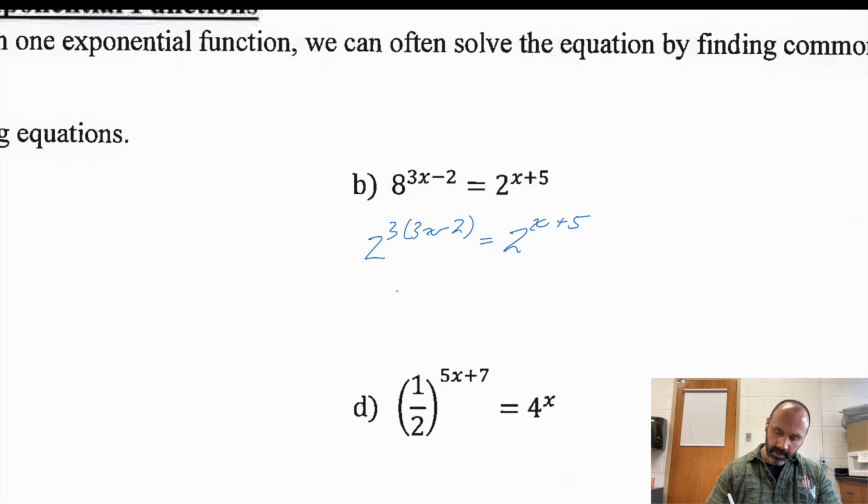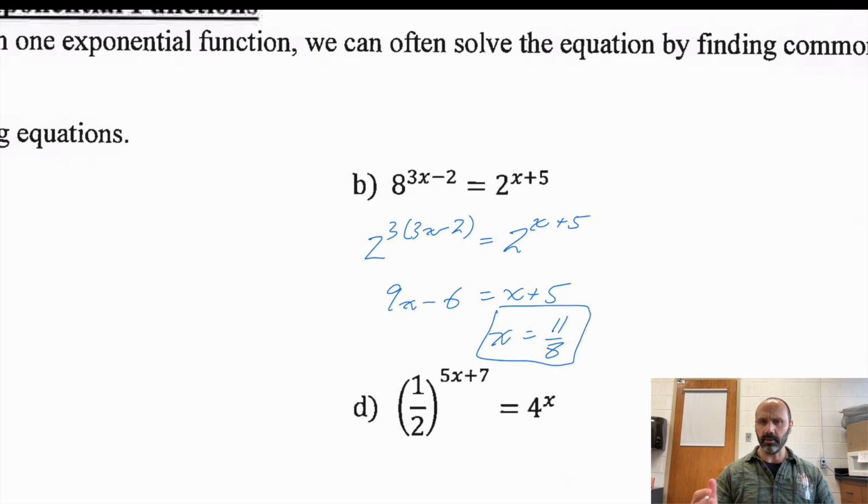And so 9x minus 6, that's the 3 times 3x minus 2, equals x plus 5. And we solve this, x ends up being 11 over 8. Skipping over some of the algebra, which I'm sure you know how to do. Very simple. If you're watching this video and you don't know how to do the basic algebra, you need to go back a couple of years.